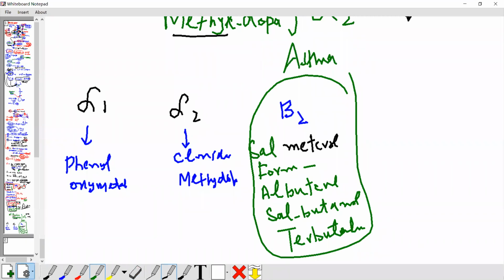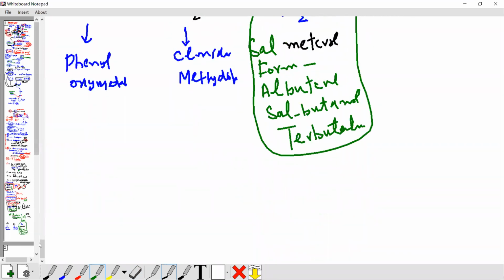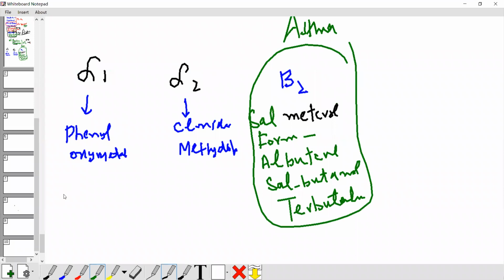For asthma. Clear? These two drugs for what purpose? Eye use and nasal congestion. Later I will explain in tomorrow's lecture, one by one. Okay. Clonidine for hypertension. Clear?